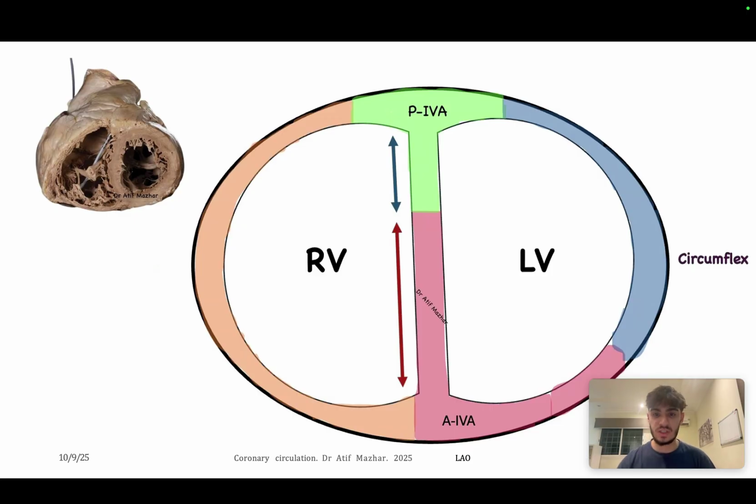Now, in this image, it shows how the arteries work. So here, okay, you'll have LAD. Actually, this picture is good to explain the interventricular septum point that I just made. You can see here LAD takes up 2/3 of the interventricular septum, where Pia takes 1/3 of the interventricular septum.